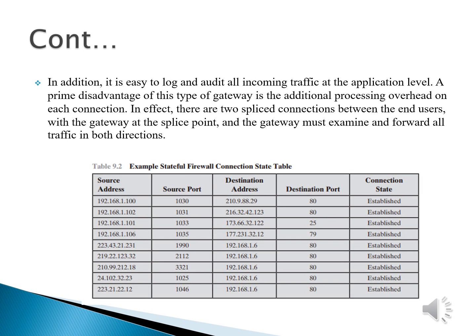In addition, it is easy to log and audit all incoming traffic at the application level. A prime drawback of this type of gateway is the additional processing overhead on each connection. In effect, there are two spliced connections between the end users with the gateway at the splice point, and the gateway must examine and forward all traffic in both directions.